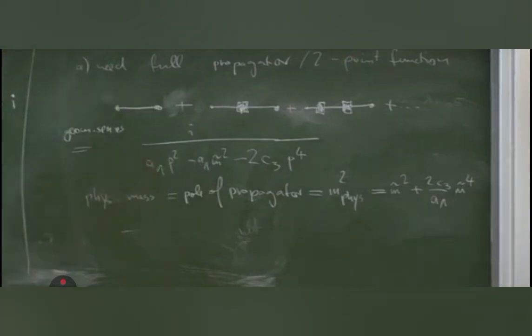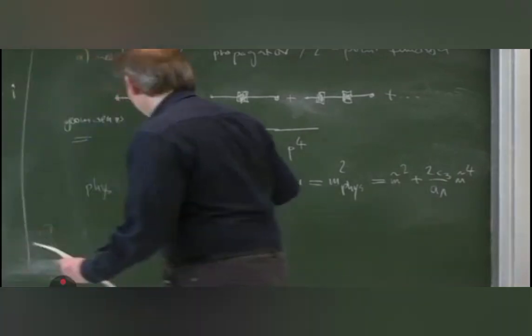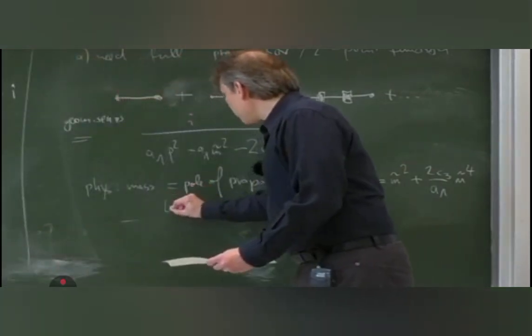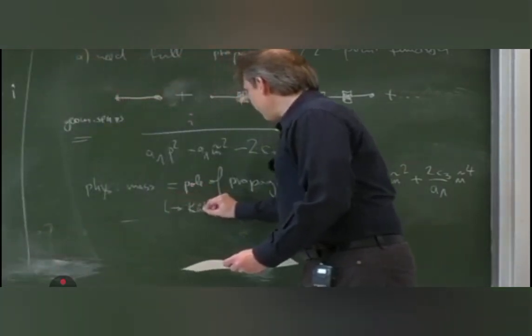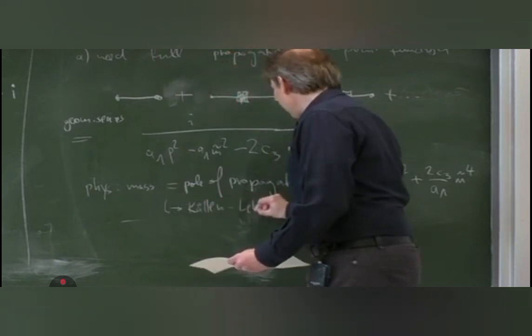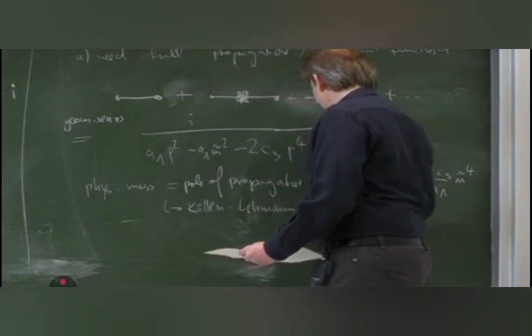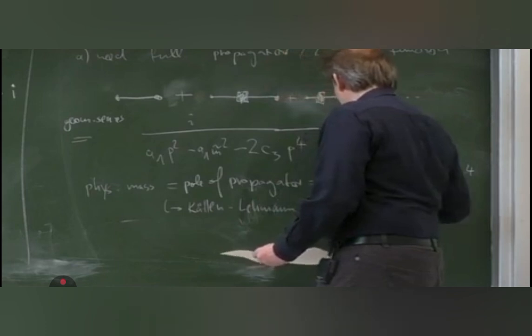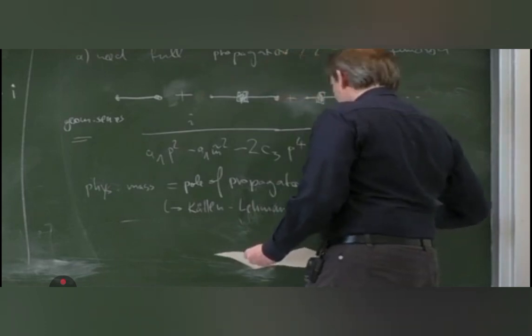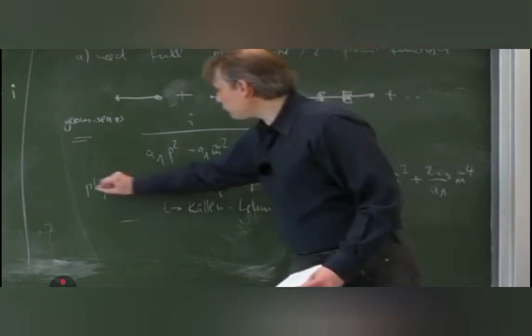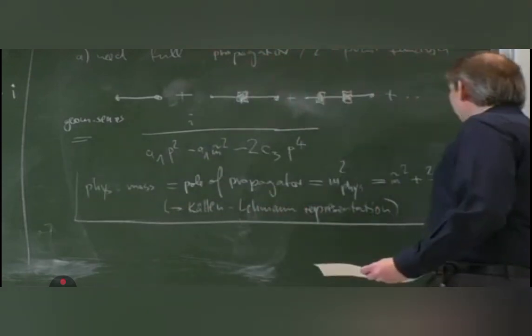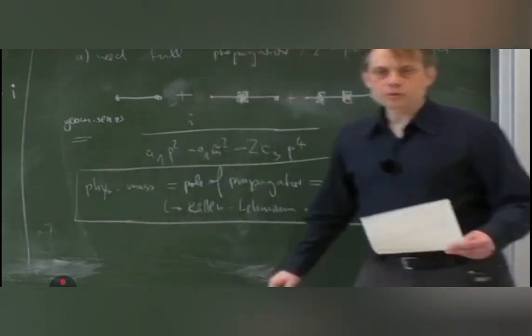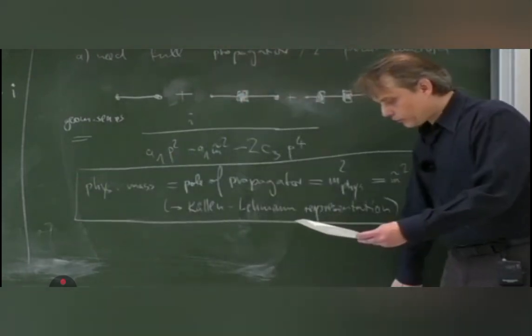That is the location of the pole in the variable p squared. You can check it, and therefore this is the physical mass. A keyword that you can look up for this relationship is the so-called Källén-Lehmann representation. So, for example, we did all of that in our quantum field theory lecture 2019, which is on YouTube. But of course, this is standard.